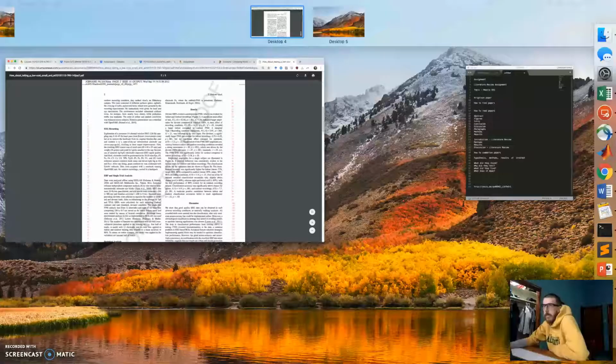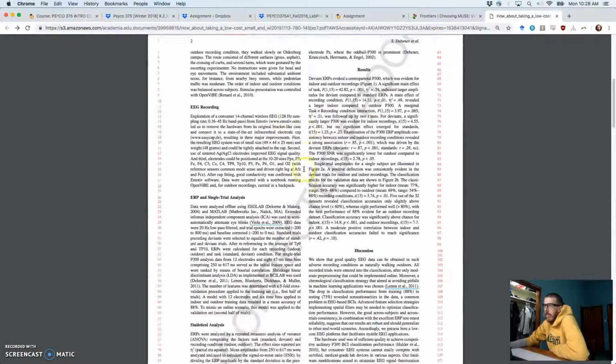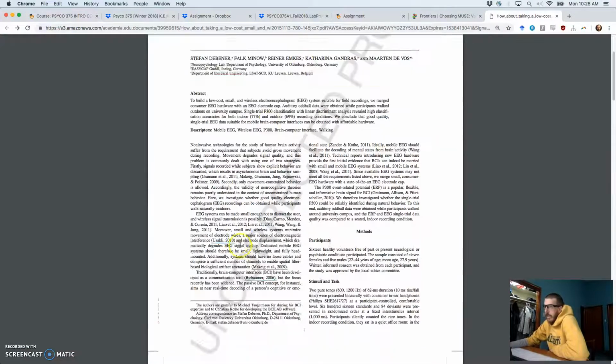Okay, so now if we go back to our outline, once we've looked at the figures, now we might start looking at the intro and the conclusion and then the discussion. So just like the abstract, there's some important paragraphs in the document itself. I find that this last paragraph of the intro is very important because it's the hypothesis or the thesis statement.